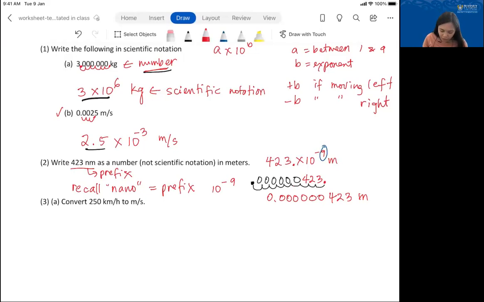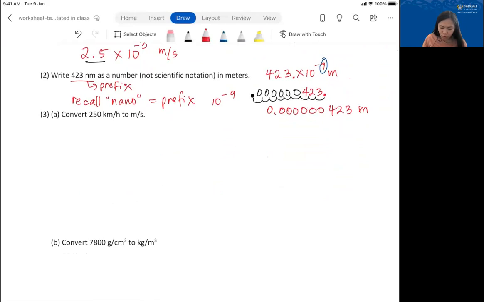Okay. All right, next question, we want to convert 250 kilometers per hour to meters per second. Whenever you're doing conversion problems, the first thing you need is a conversion factor, because the conversion factor relates the units that you want to convert from and to.